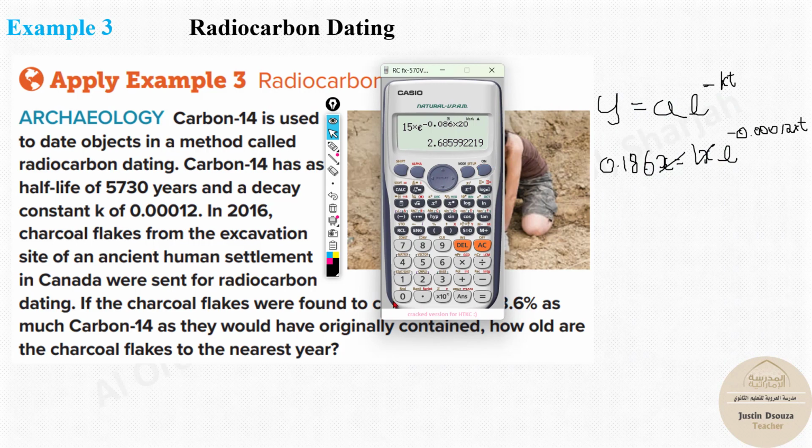Now I will use the calculator. 0.186 equals, e is shift and e, minus 0.00012 multiplied with the unknown variable t, shift and solve. What's the time? It's 14,016 years.